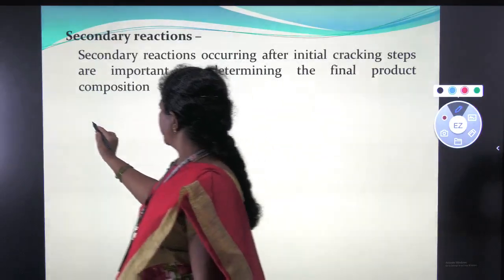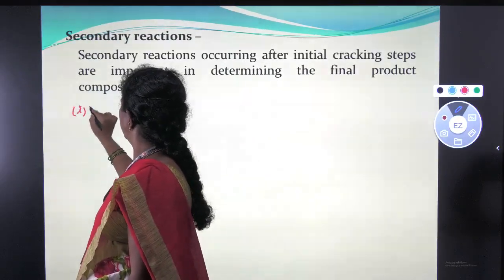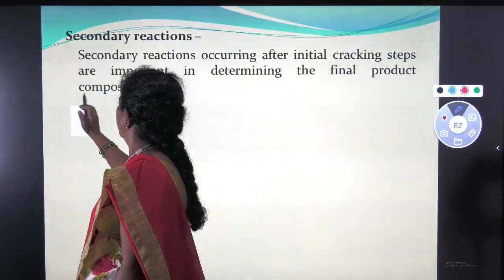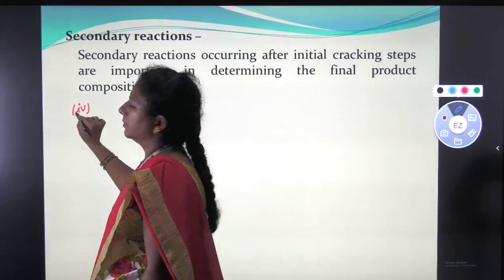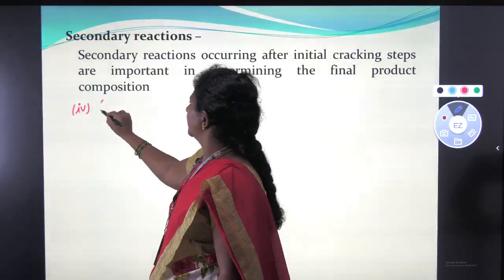The secondary reaction may also take place through condensation reactions.